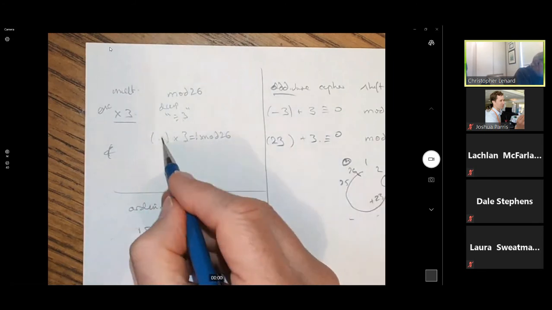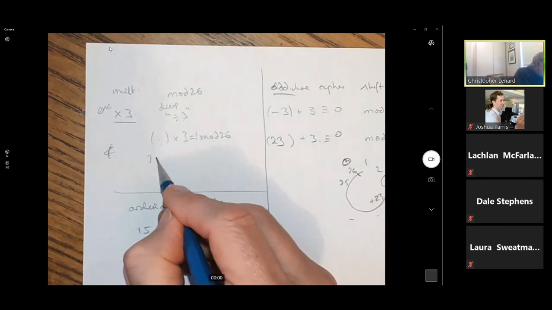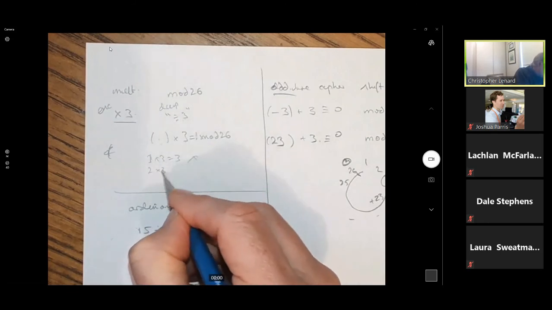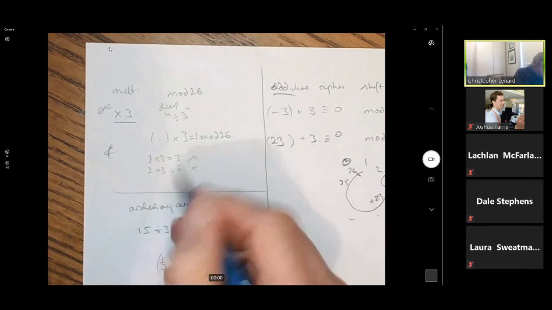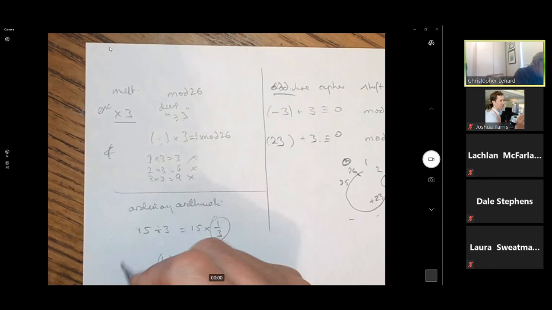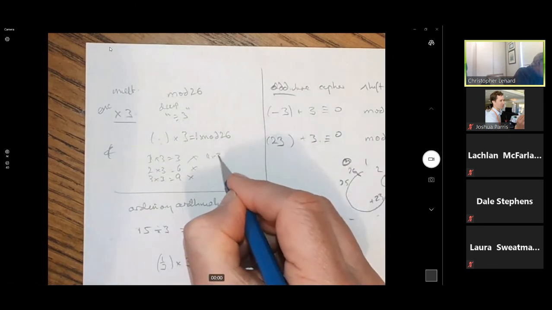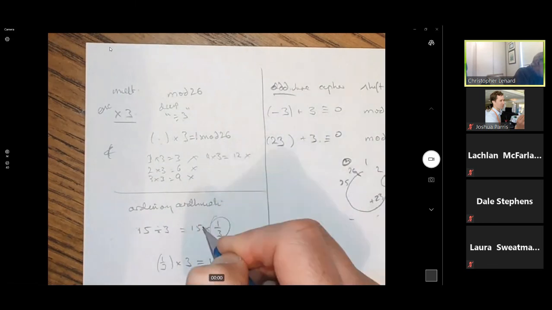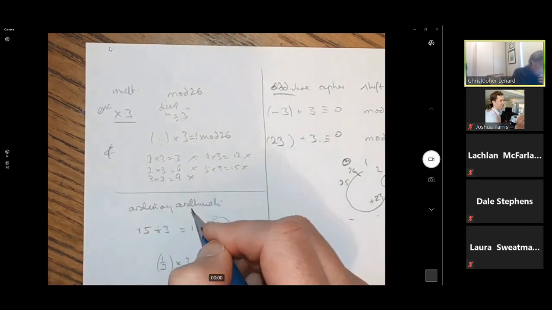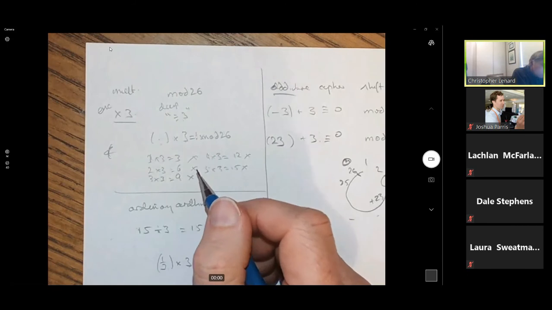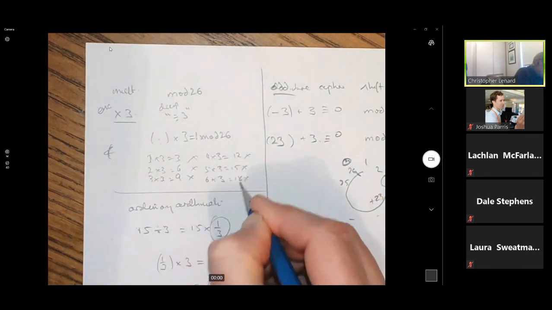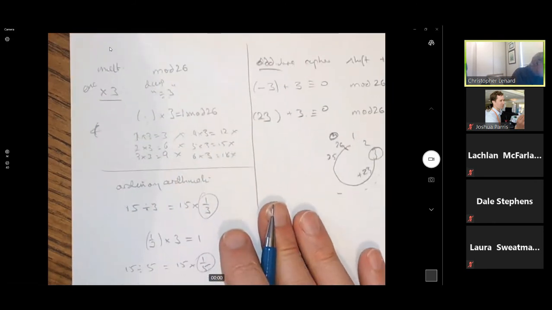Okay, well, 1 times 3 is 3, so that doesn't work. 2 times 3 is 6, that doesn't work. 3 times 3 is 9, that doesn't work. 4 times 3 is 12, that's not equal to 1. 5 times 3 is 15, that doesn't work. 6 times 3 is 18, that doesn't work, it's not equal to 1.